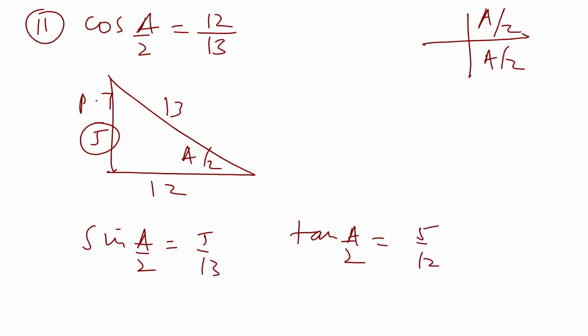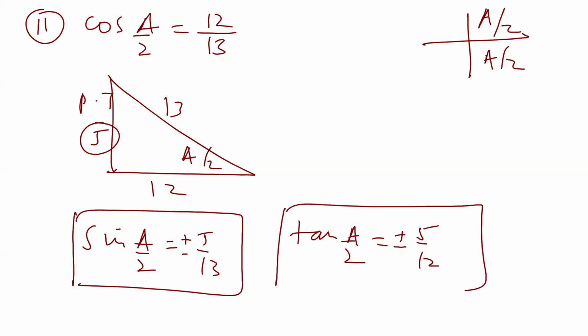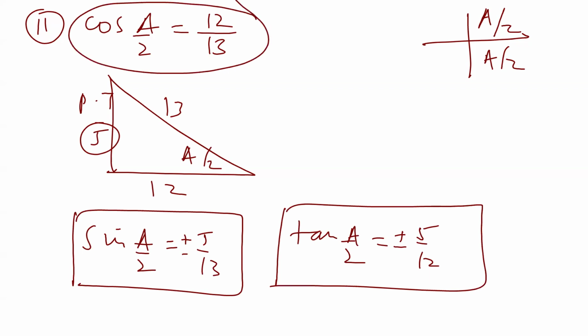But then sin and tan both will be either positive or negative: positive for first quadrant, negative for fourth quadrant. But cos throughout will be positive. Same thing for tan, because in the fourth quadrant cos and sec are positive.